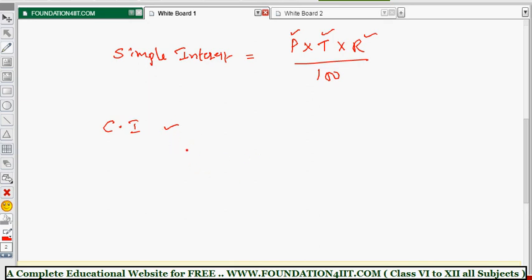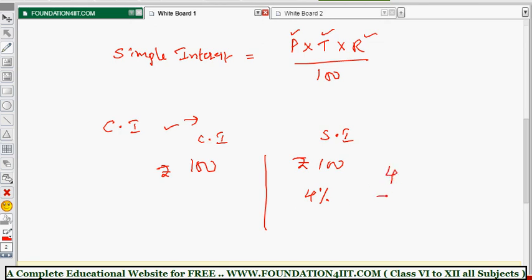And what is the difference between these both? Generally, in compound interest the interest will be more compared to simple interest. Okay, see the difference. If you take 100 rupees from the bank, the same 100 rupees is taken for simple interest and for compound interest. Now after 2 years, if the rate of interest is 4%, after 1 year it is 4 rupees, again after the second year 4 more rupees, so 8 rupees you need to add to the principal.